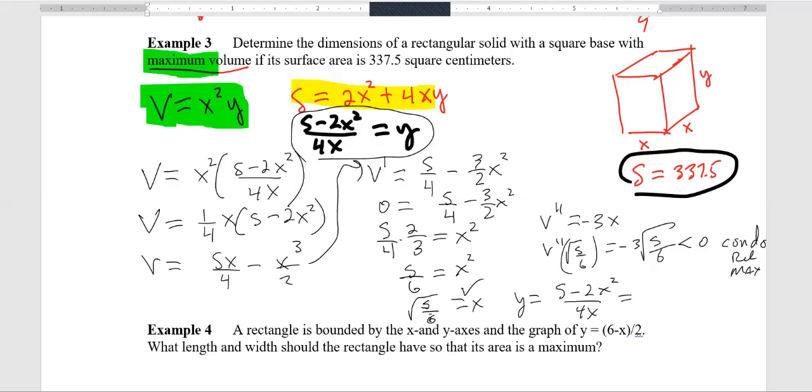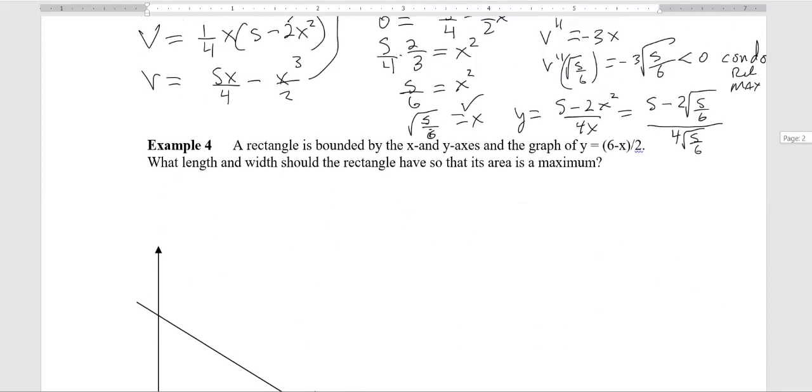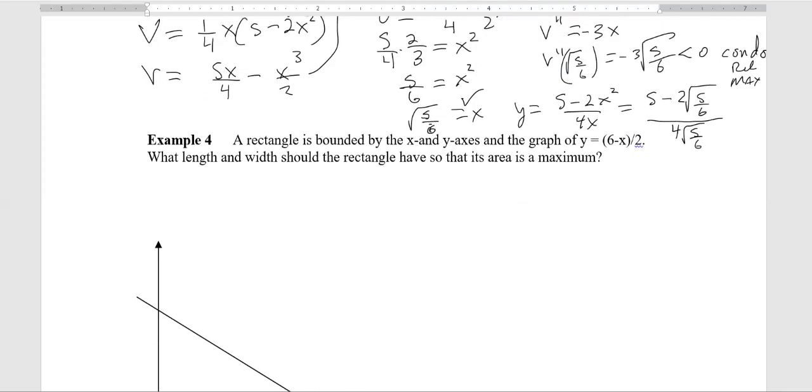So that becomes s minus 2 times the square root of s over 6, over 4 times the square root of s over 6. Okay, so that's going to be a little bit of work to get. I think I'm going to have to give you the short version on that one.